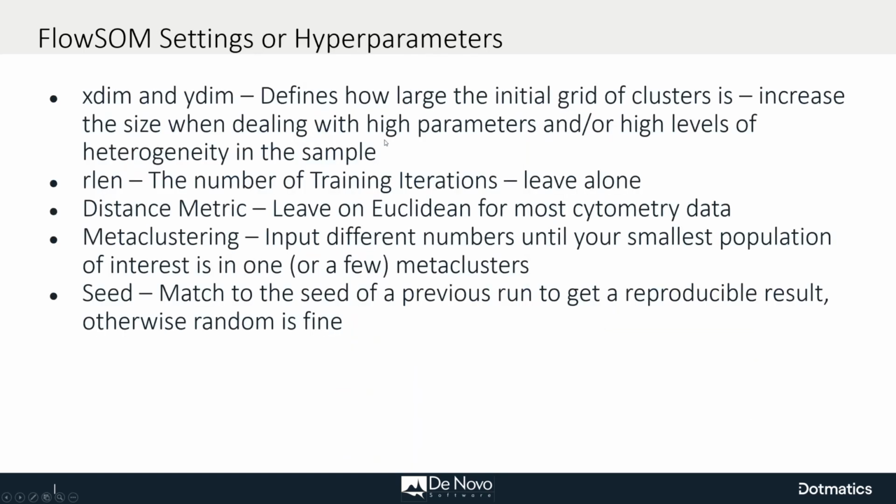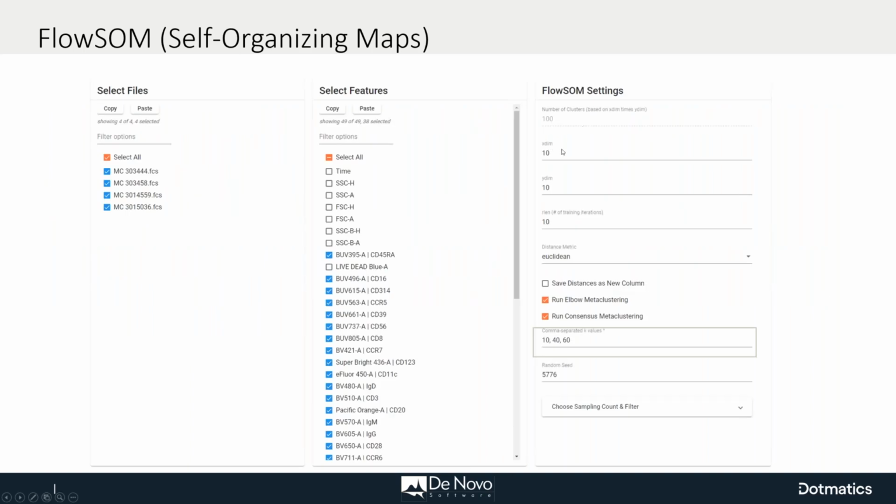Essentially, it does a two-step process. The first step is that FlowSOM clusters your data into a number of buckets. And what the X dimension and Y dimension define is how many buckets or clusters your data gets split into. By default, it's a 10 by 10 grid, so it ends up with 100 clusters.